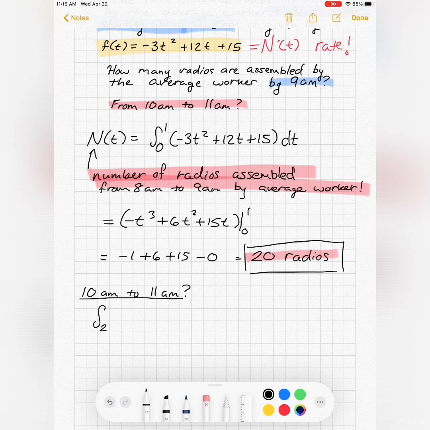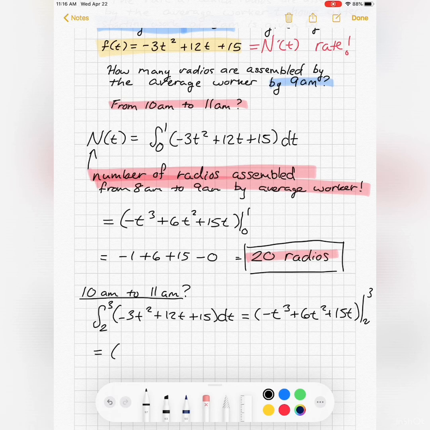So 10 is 2 hours after 8, 11 is 3 hours after 8. Same function, right? And we already did the integration. It was negative t cubed plus 6t squared plus 15t, evaluating from 2 to 3.